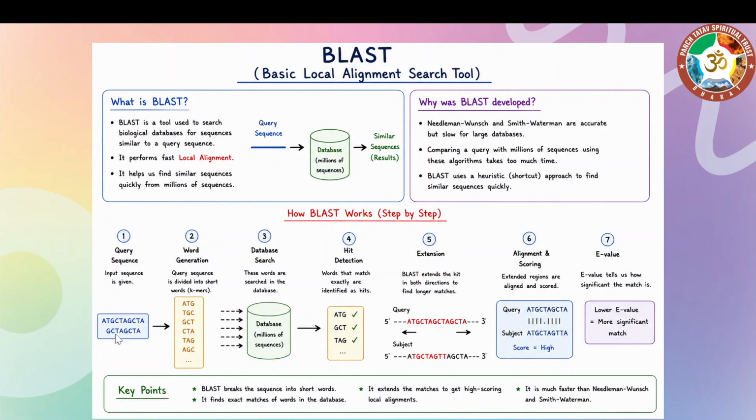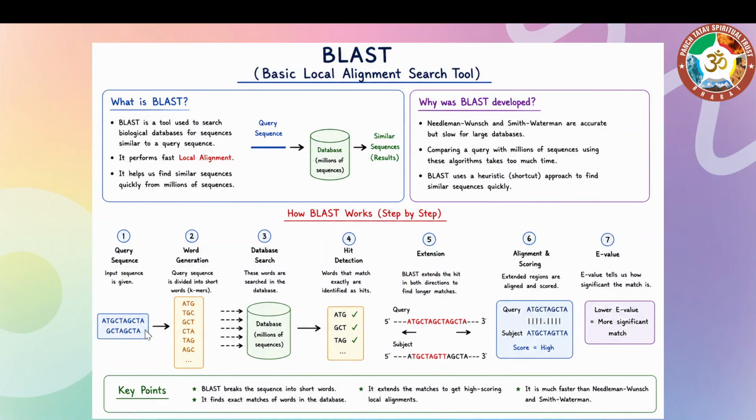For example, this is our sequence again. What will BLAST do? BLAST will break this sequence into small words. Here, for example, the first small word is ATG, then TCG, then GCT. In the same way, CTA, TAG, then AGC, another small word, and the last small word CTA.